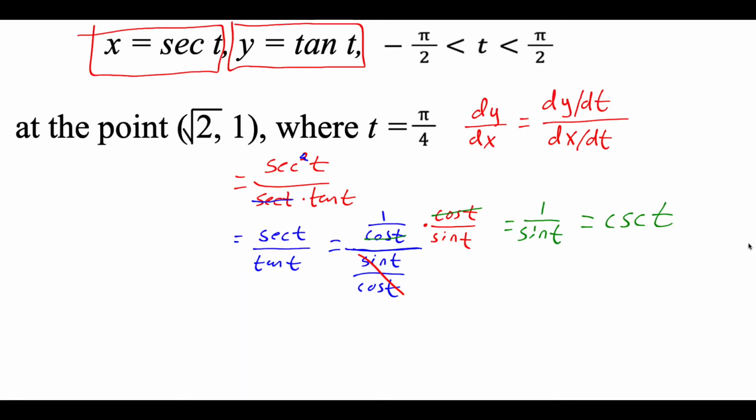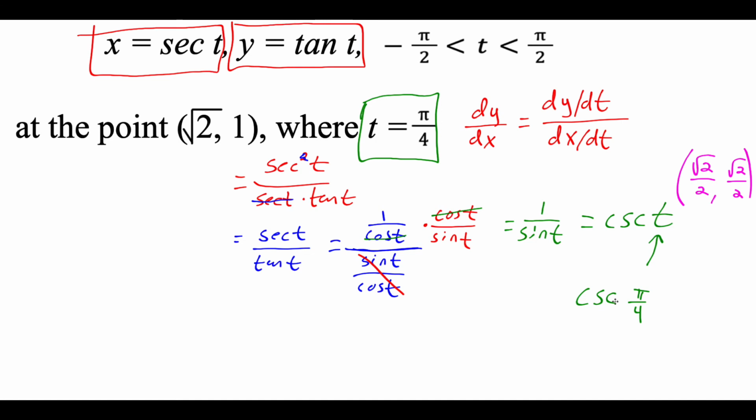Now if we want to find the slope at this specific t value of pi over 4, we need to plug pi over 4 in for t. So it's the cosecant of pi over 4. On the unit circle, pi over 4 has an ordered pair of root 2 over 2 comma root 2 over 2. The cosecant is the reciprocal of the y value.